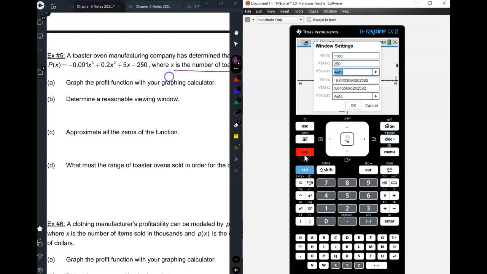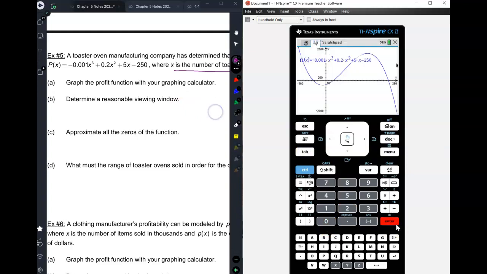And then the rest is the profit, right? So let's go maybe negative 2,000 to 2,000. Okay? So graph, look at that. That is a very good window.